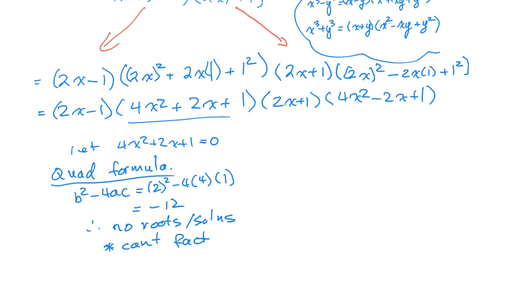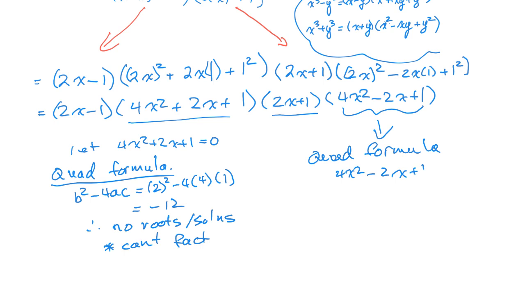But for the other one, let's check. There is a nice factor done, but now we need to check this one. So now let's check to see if we can factor from the quad formula again. We're going to let 4x squared minus 2x plus 1 equals 0, and we're just going to use the discriminant.